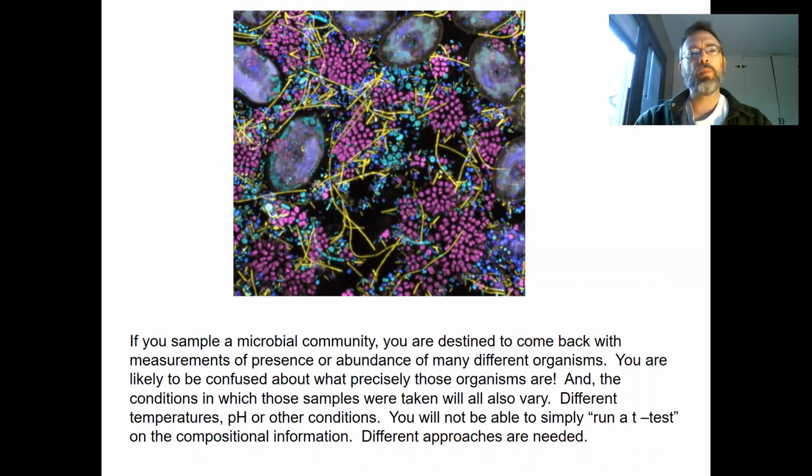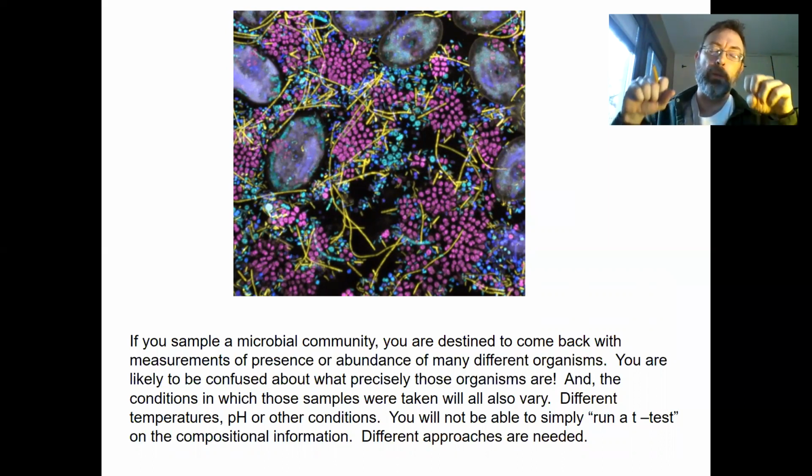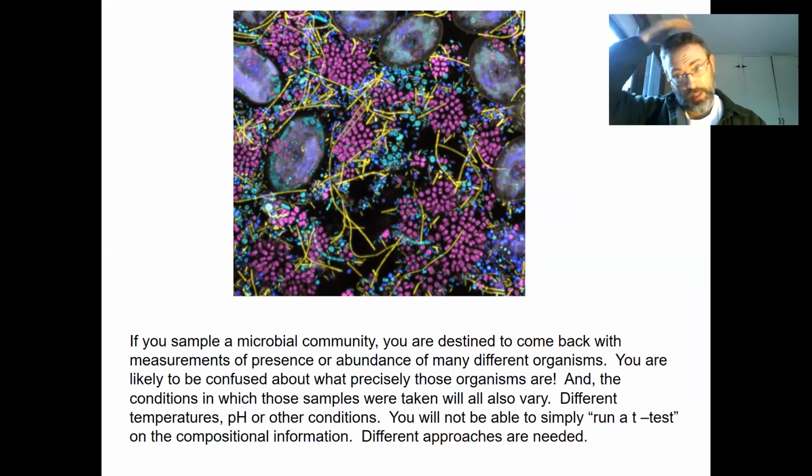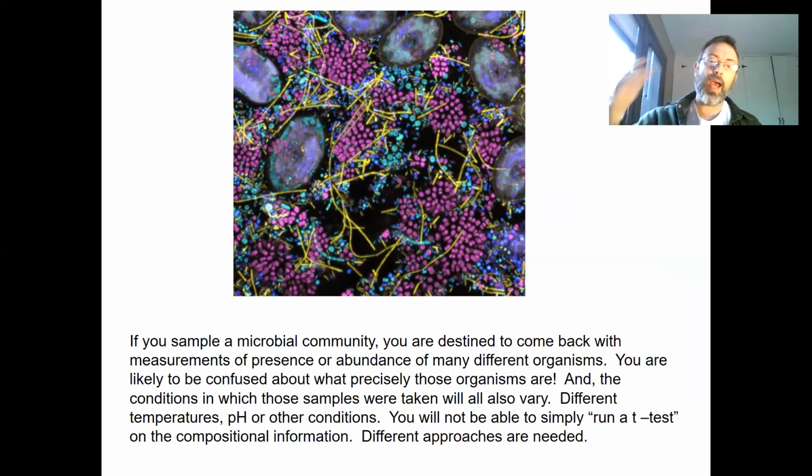They're not the same. But what's happening in the plate is there's a bunch of different species that are affected all at once. Maybe you're not interested in one particular species, but you're interested in the microbial community. If you're interested in the microbial community, then you have to ask a question at the community scale, and a t-test is not going to do this for you. You're going to have to do something else. Okay.